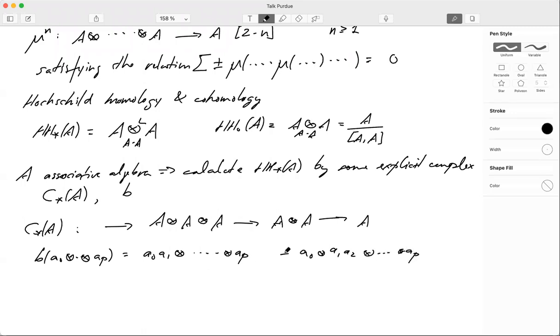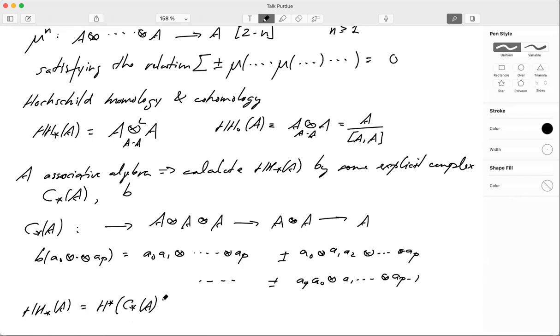Sorry, there's plus or minuses everywhere depending on the degree of these things, and then up to AP A0. Okay, so then the Hochschild homology of A is the homology or cohomology of this complex.